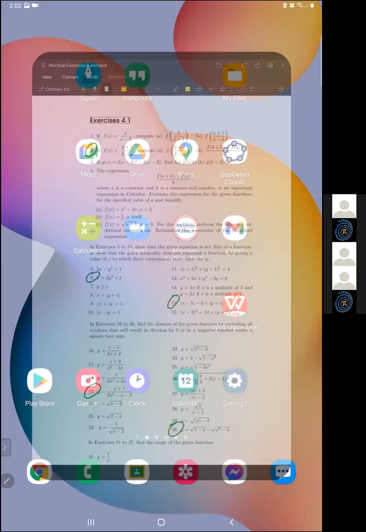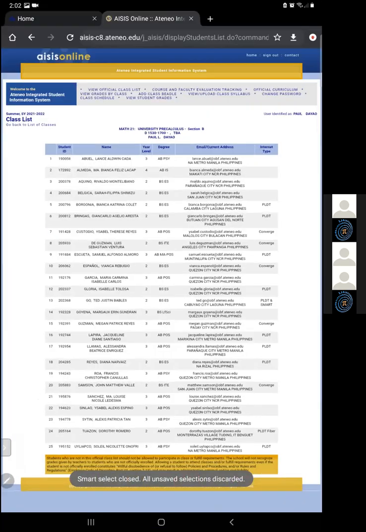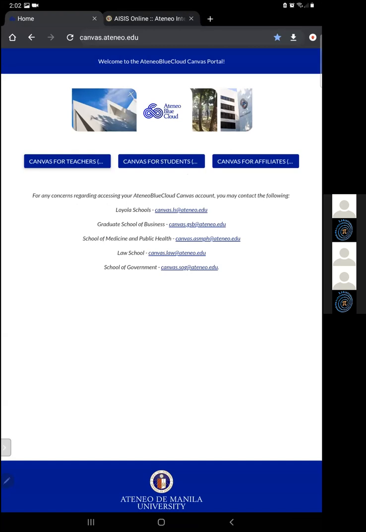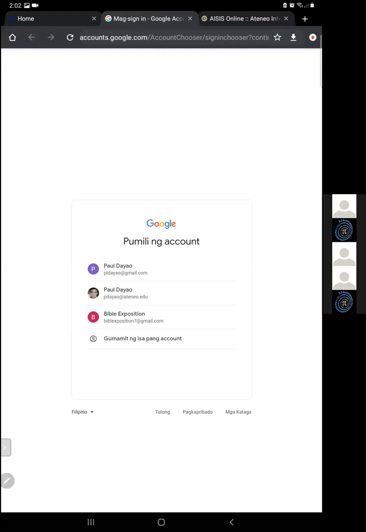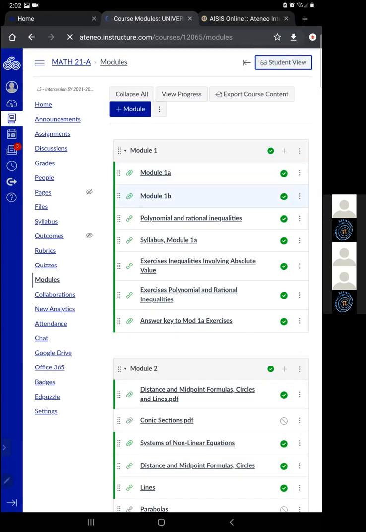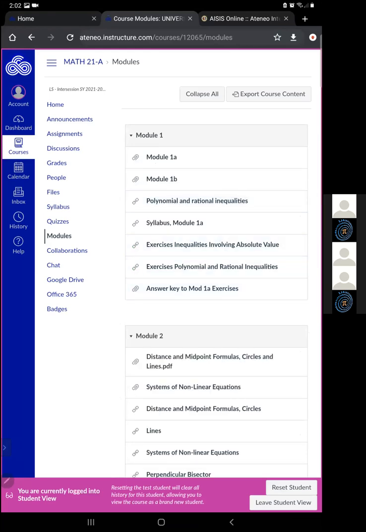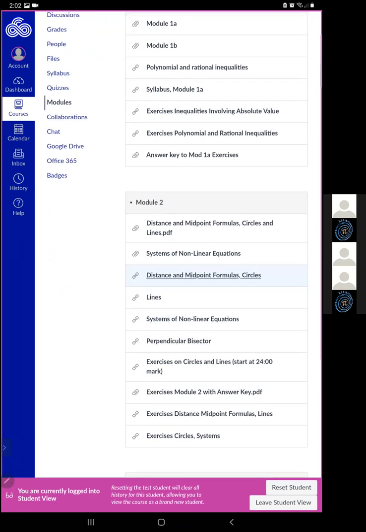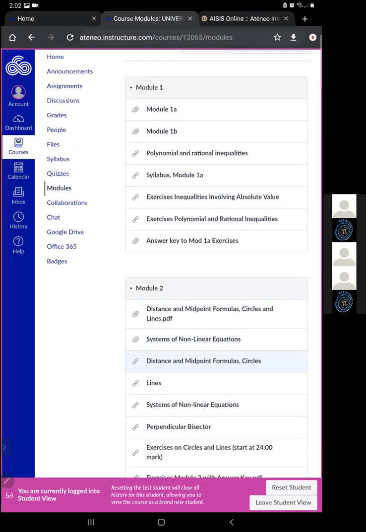Let me show you. Okay, this is the student view. So notice, for each module, there are several types of materials there.